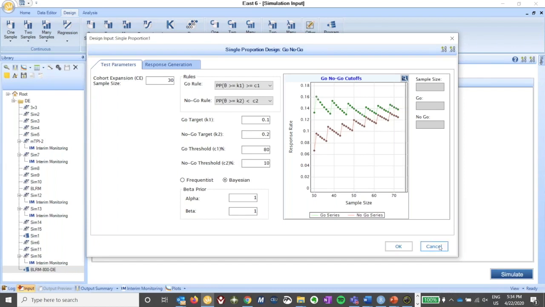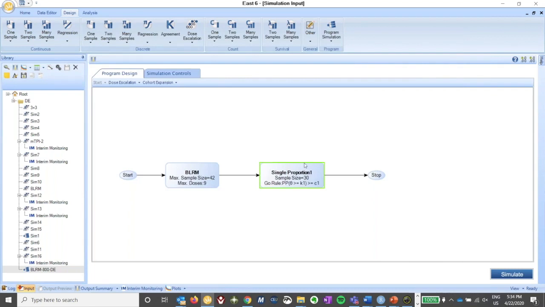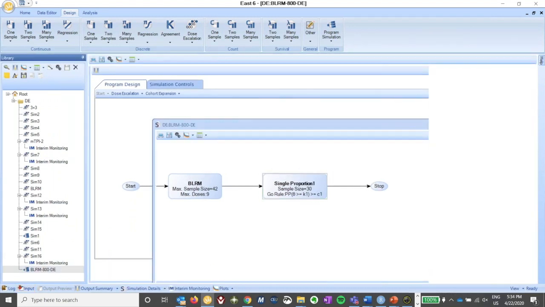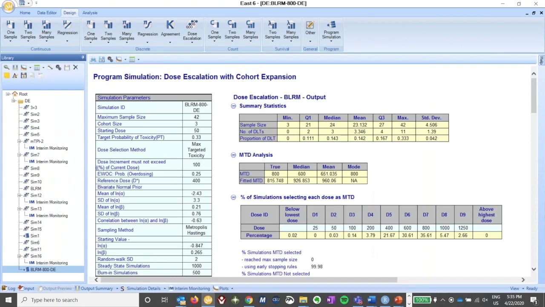So once you have selected the single proportion study, you can simulate the sequence of two studies. This is going to be running 10,000 replications of this sequence of two studies. And in the output, you can identify first anything that is related to your dose escalation.